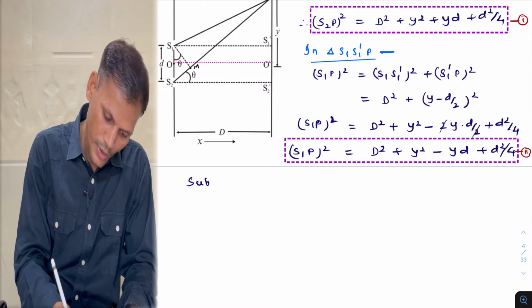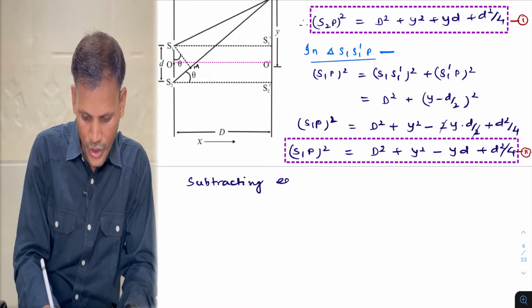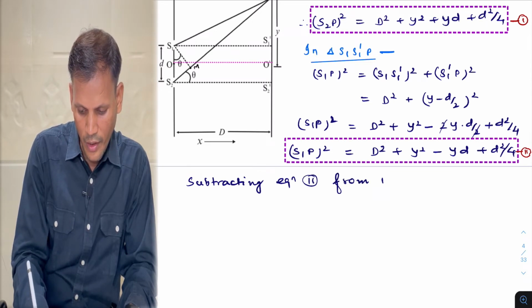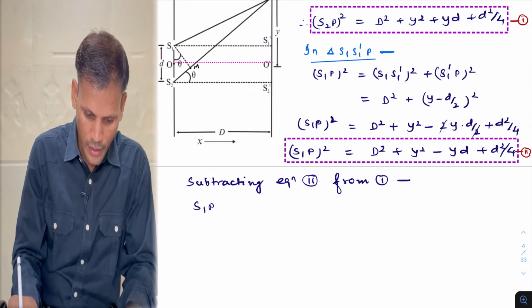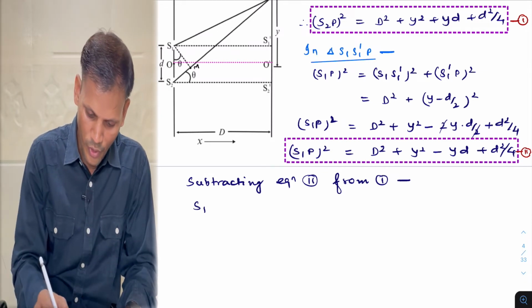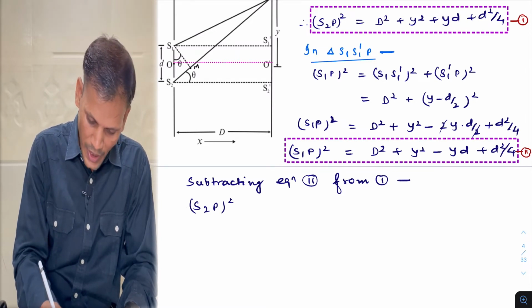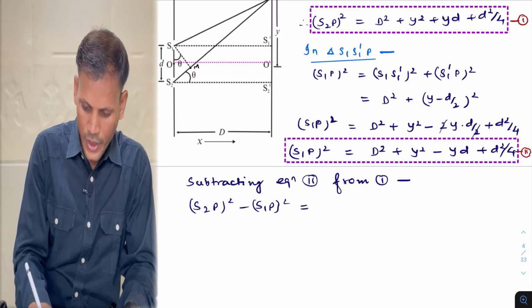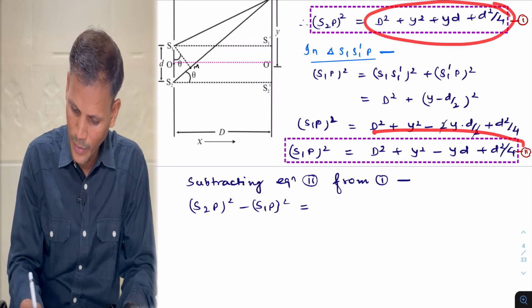So now, subtracting equation 2 from 1, what we will get? LHS will be S2P square minus S1P square, which is equal to S2P this part minus this part.